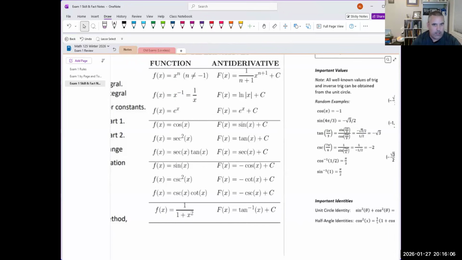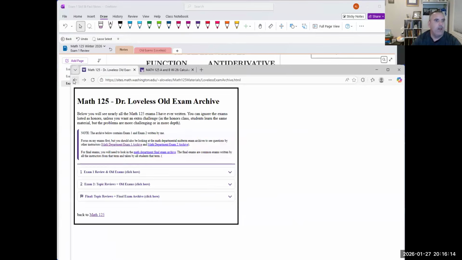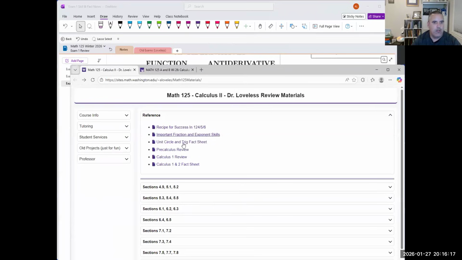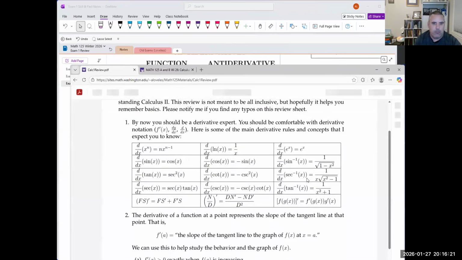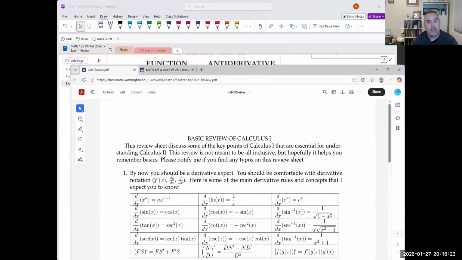But if you want the full list, which is definitely worth having for later in the term, let's see, am I sharing that? Yes, I am. Here, Calc 1 review. Here's a more complete list.